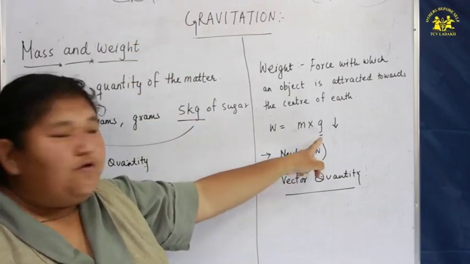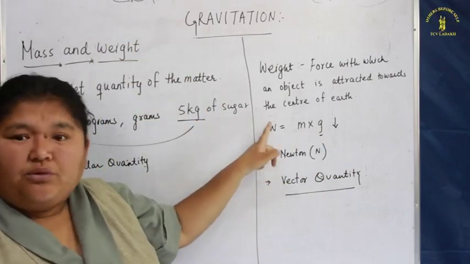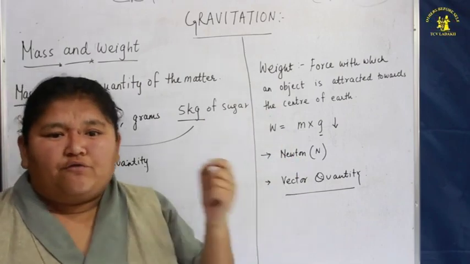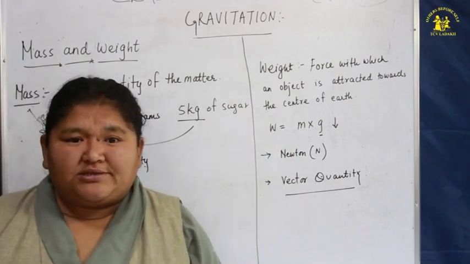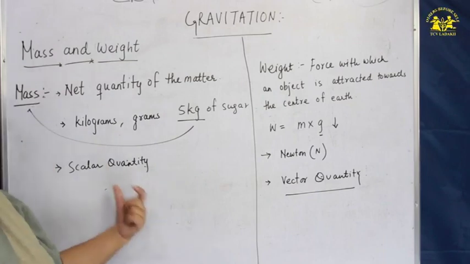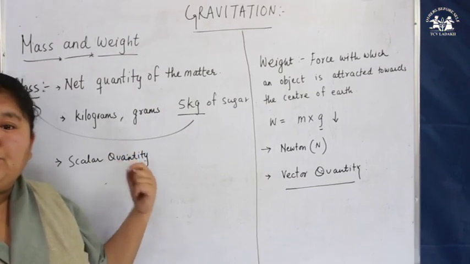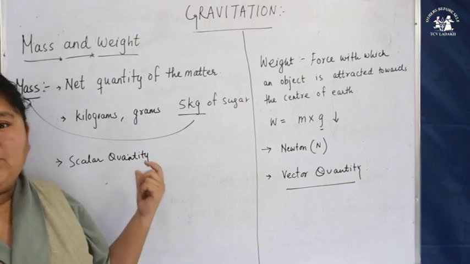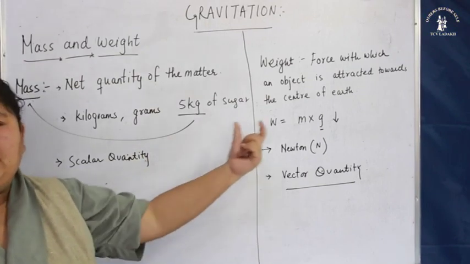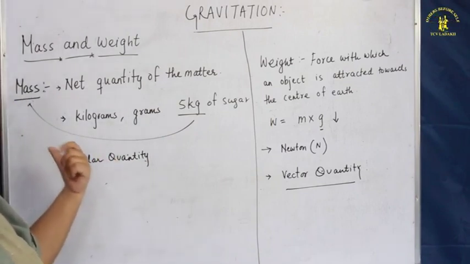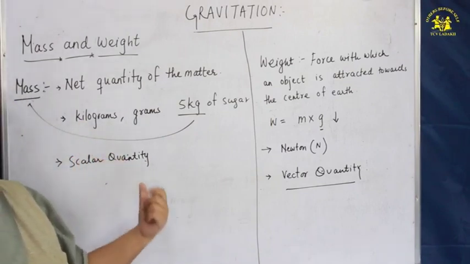So since the value of G is changing, the weight will also change. So weight will not remain the same for the same object at different places. However, mass is going to be the same for the same object all over the places. Mass stays the same, but weight will change, right? So this is how we differentiate the concept of mass and weight.